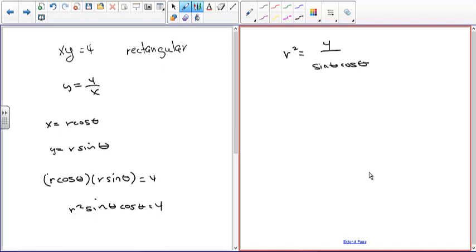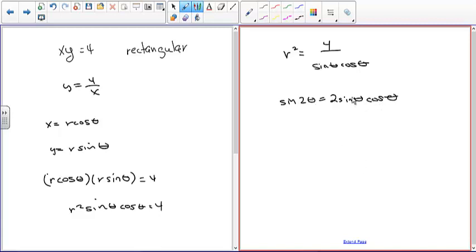Really the only one that we have is this sine theta cosine theta equals, well, here I'll write it down, the one that looks like it might work. Sine of 2 theta is equal to 2 sine theta cosine theta.